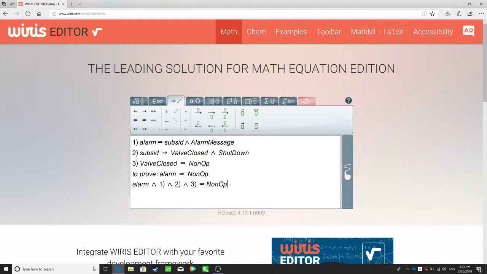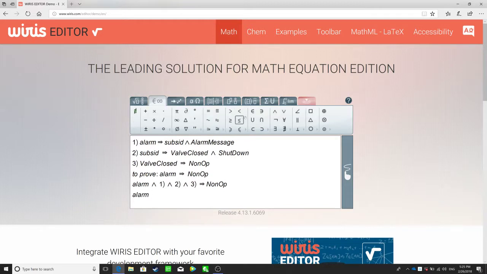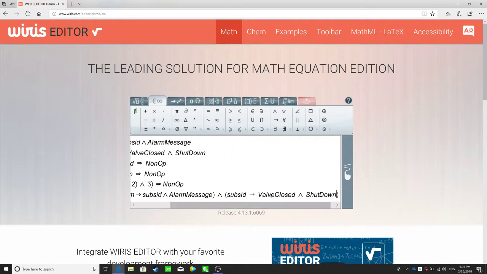If we want to write it in a complete format, it becomes something like this, very complicated.